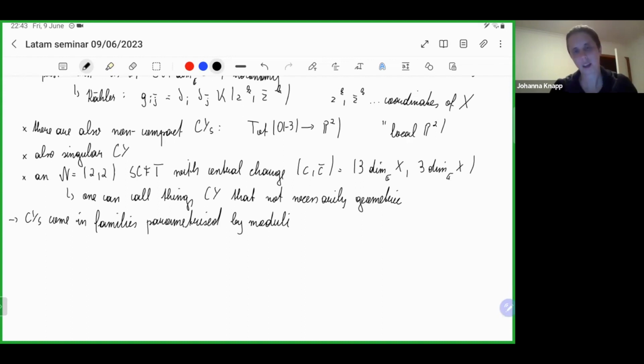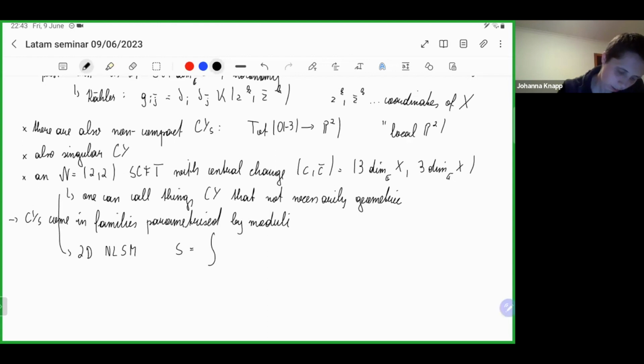What I have in mind with these (2,2) superconformal field theories is, for instance, something called a 2D nonlinear sigma model. So the action is basically, again, let me use complex coordinates.